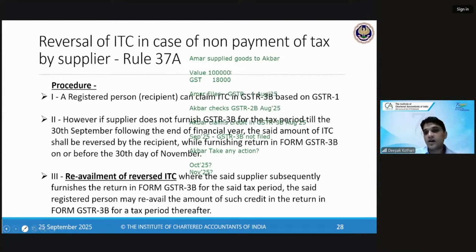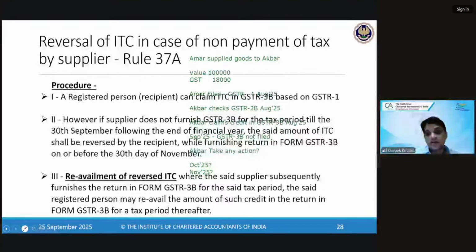Kuldeep is coming up with the answer saying that he has to reverse it. When should he reverse it? In September, October, or November? If the supplier has defaulted, then cannot take action. Yes, supplier has defaulted, Navneet, in October. Ashlesh is saying nothing yet.